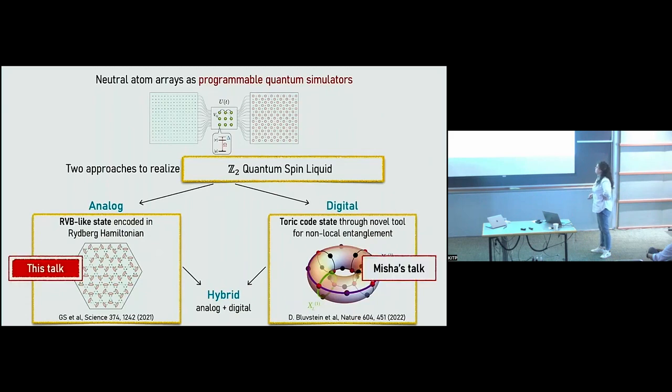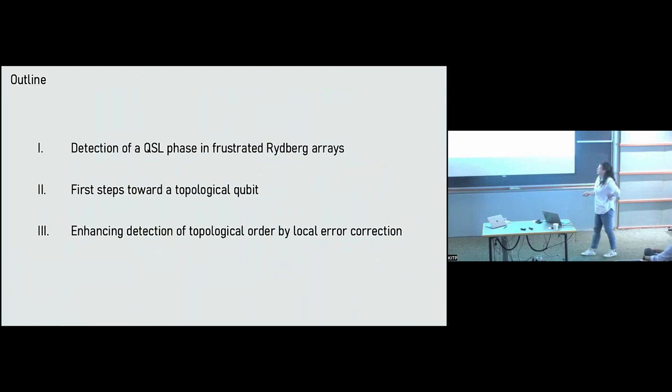So in this talk, I will concentrate on this experiment here on the left. Let me start by telling you a little bit about what I'm going to talk about. First of all, I will show you the experiment where we demonstrated the detection of this quantum spin liquid phase using frustrated arrays of Rydberg atoms. Then I will show you how we can use this spin liquid as the base for topological qubits.